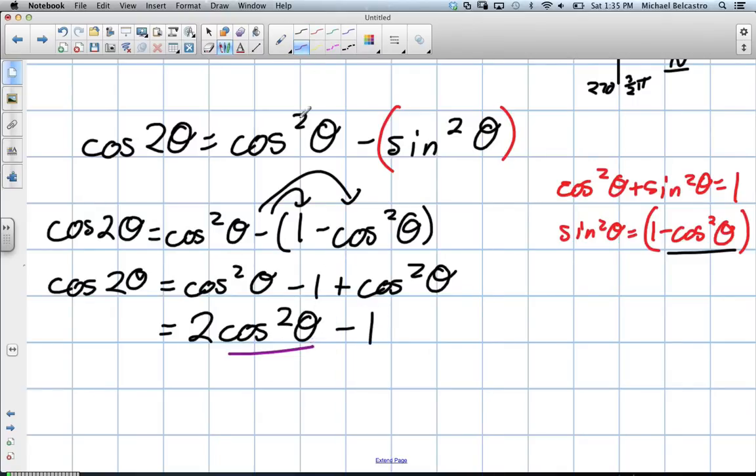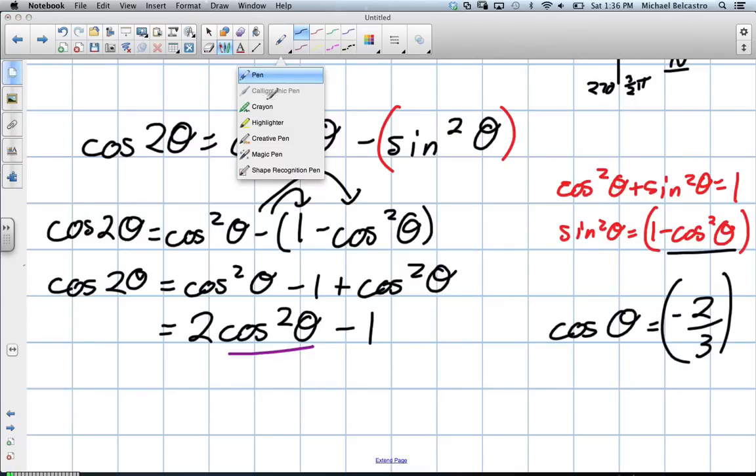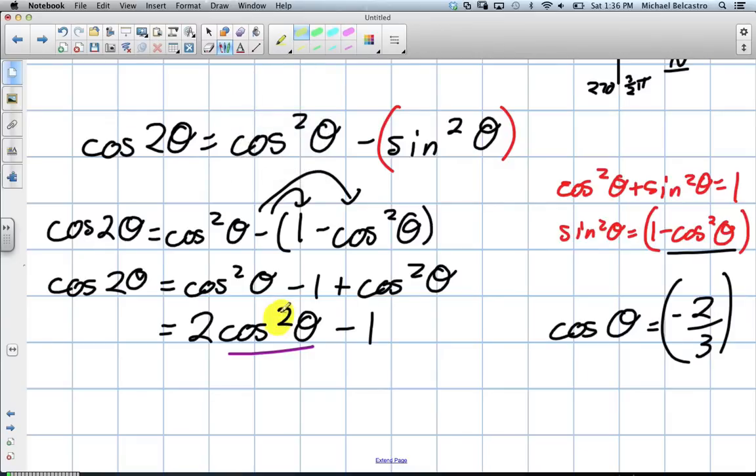Which makes this easier for us because we know that it said cos theta was equal to negative 2 over 3. Is that correct? Yeah, it was equal to negative 2 over 3. Okay, so in other words, if cos theta is equal to negative 2 over 3, we're going to plug this value in for it, and then because it's squared technically, we're going to square this value.